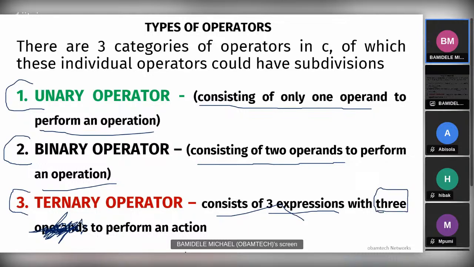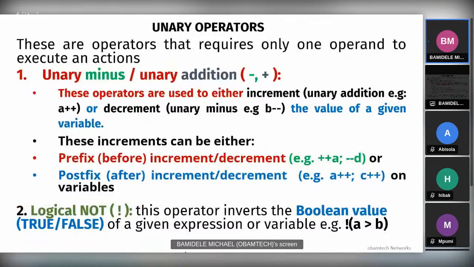Now let's explain these explicitly. Unary operators are operators that require only one operand to execute actions. Part of the types of the unary operator, number one, is the unary minus and the unary addition, that is, minus and plus.